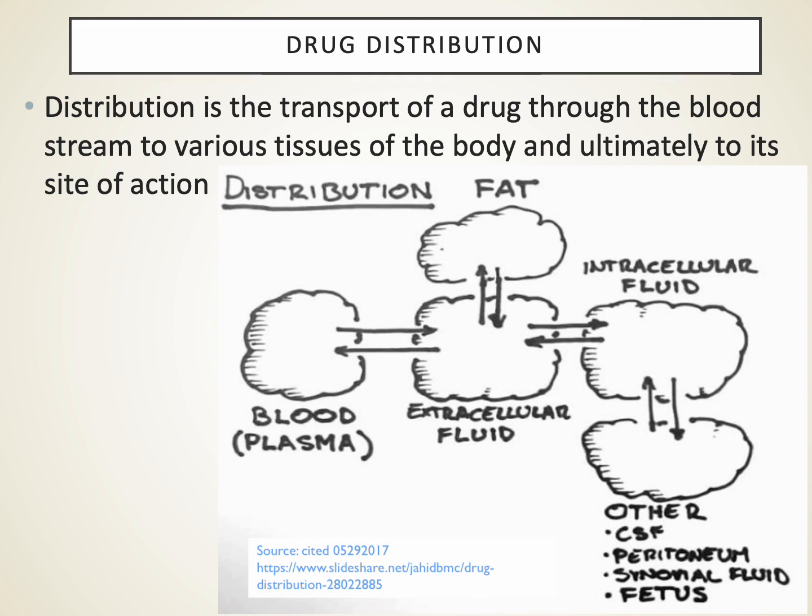Even in pregnant women, we're concerned about drugs penetrating across the placenta and exposing the fetus to that drug. So all are factors that need to be thought about when we think about drug distribution.